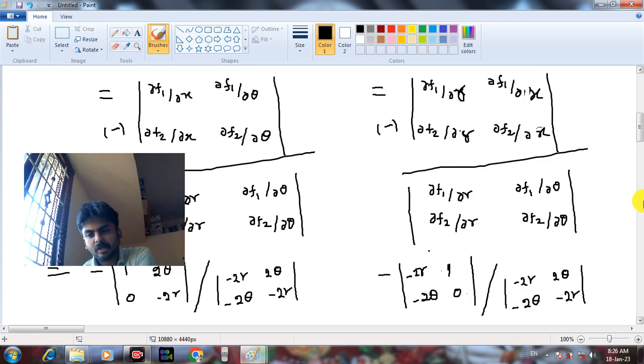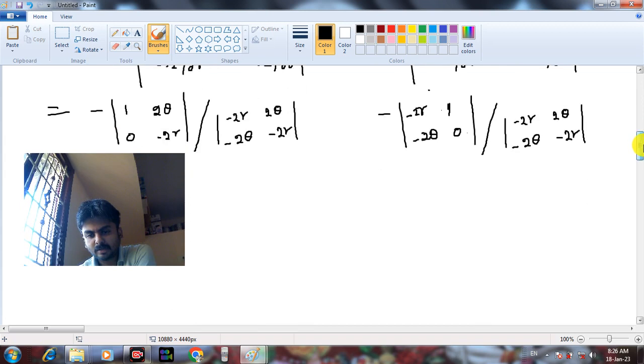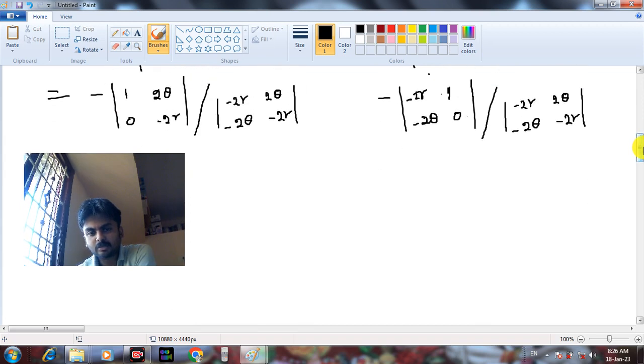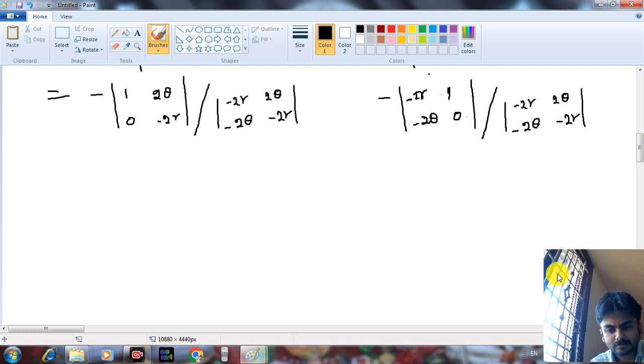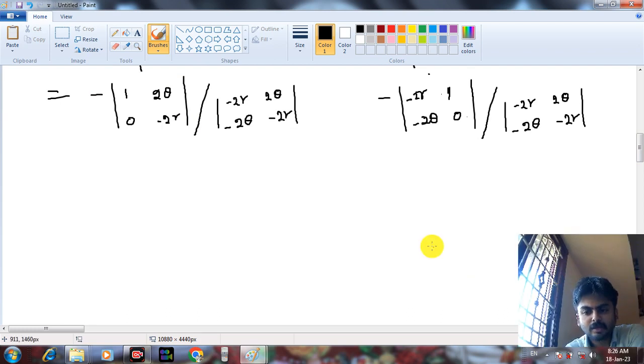Now we are having determinants, that is, we are having Jacobians. By using these Jacobians, we want to find the partial derivatives.